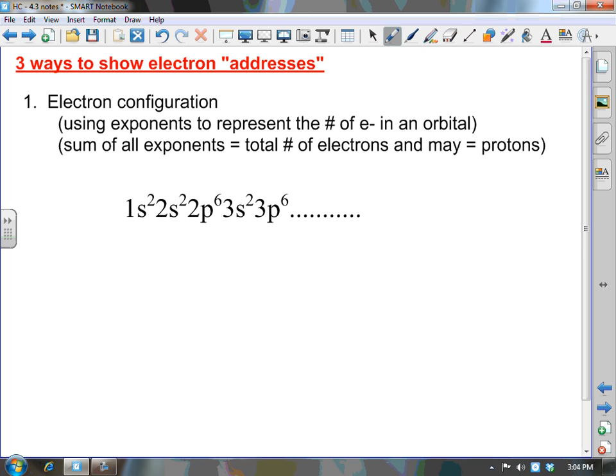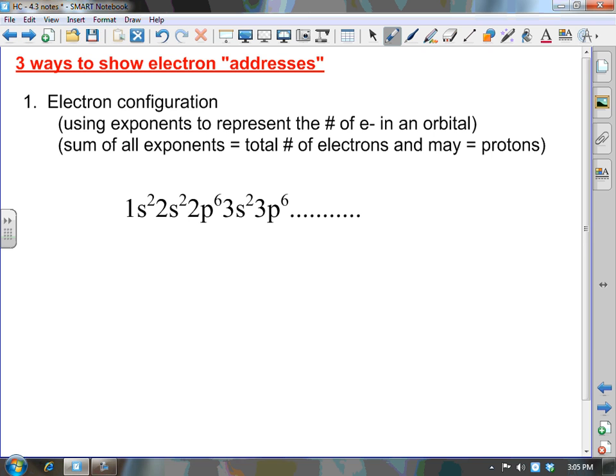All right, now, before we get to specific elements and learning exactly what we should write for carbon and oxygen and nitrogen and so on, I want to talk about three different ways that we're going to write the electron locations, these so-called addresses. Again, this is not a specific element.